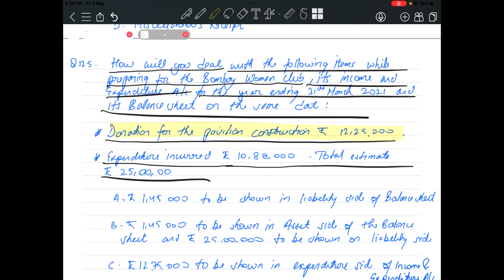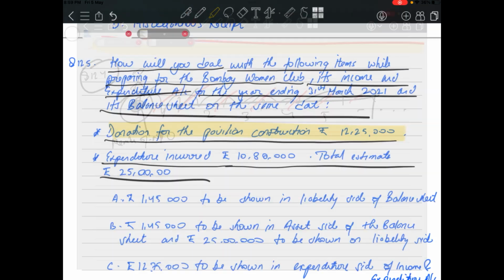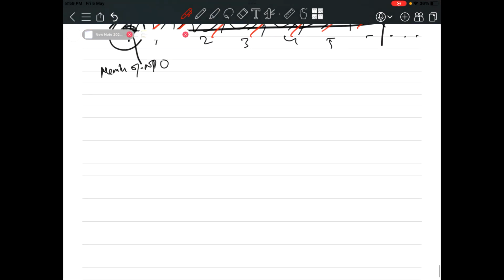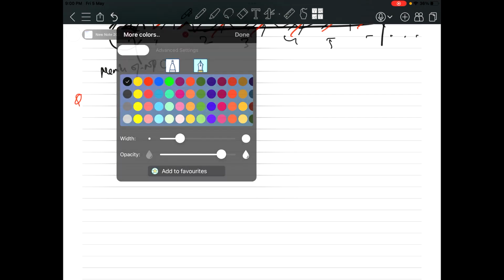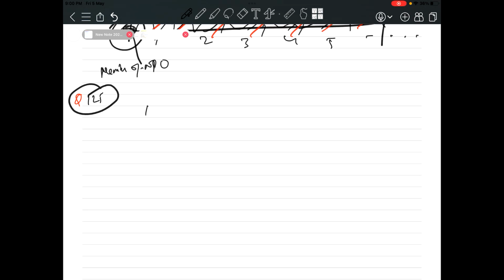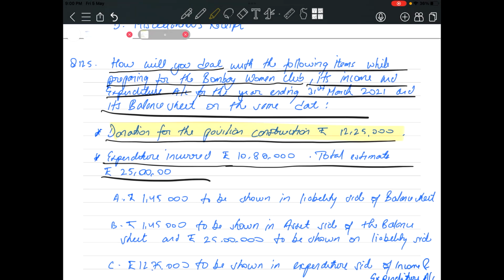Now this donation received is a specific donation. So what is the amount of donation received? Donation received is 12,25,000. Now out of this donation, how much has been spent?